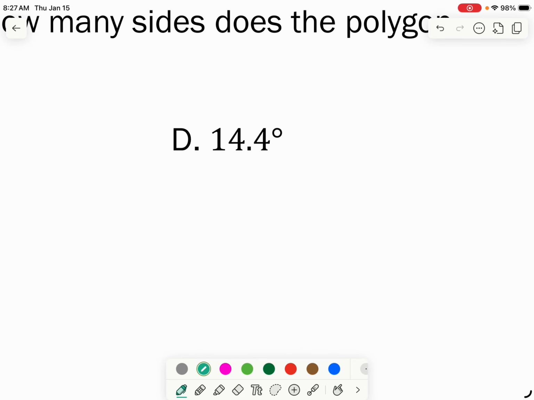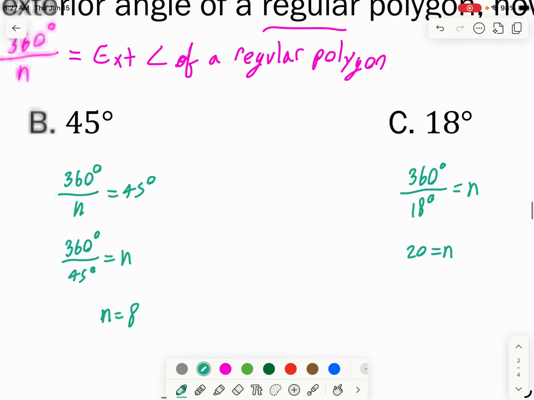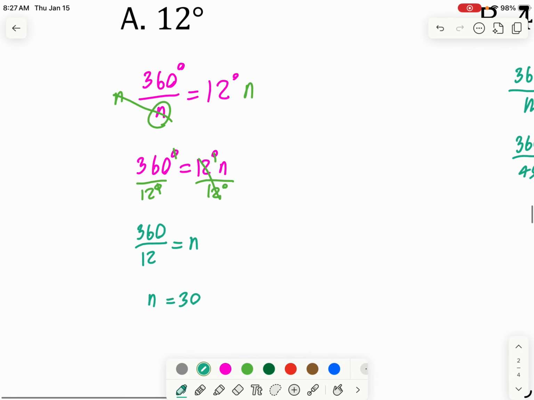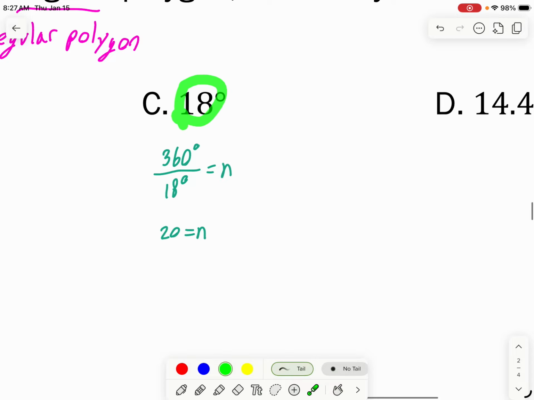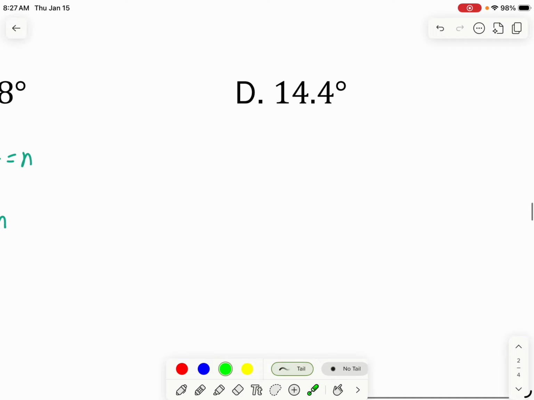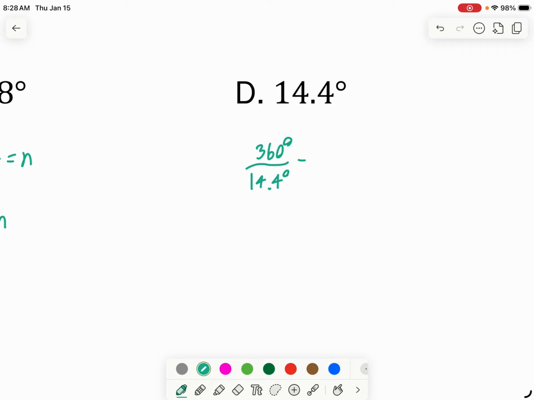All right, what if it's 14.4? Well, we know it's got to be more than 20 sides, and it's got to be less than 30 sides, because 12 degrees is 30 sides, and 18 degrees is 20 sides. I'm going to go with, let's say, 25 sides. Let's see how well that works. What is 360 degrees divided by 14.4 degrees?